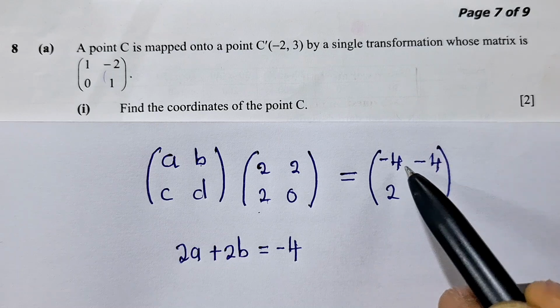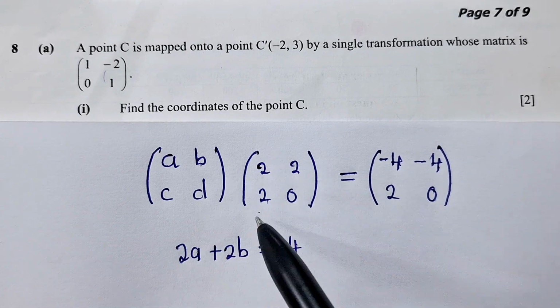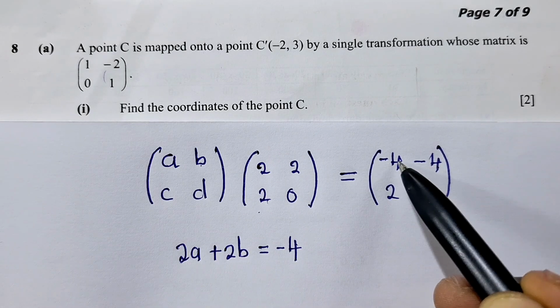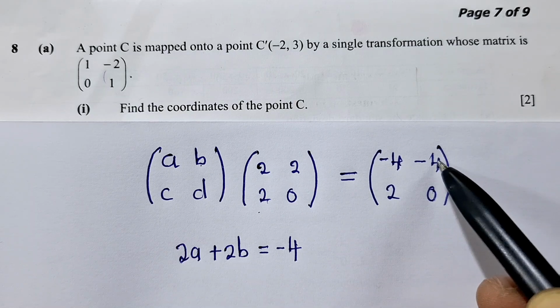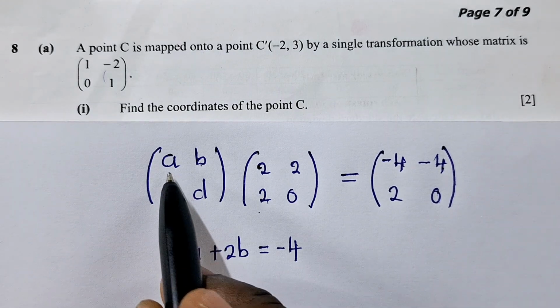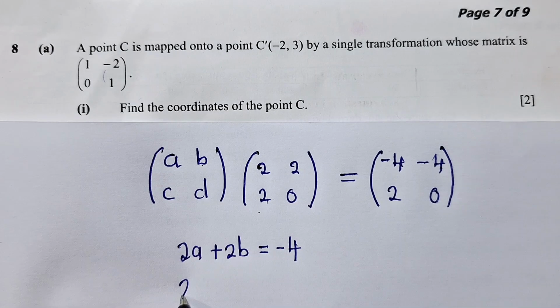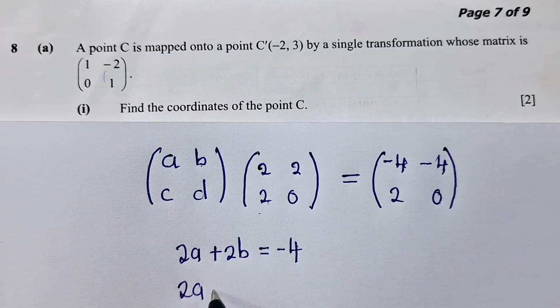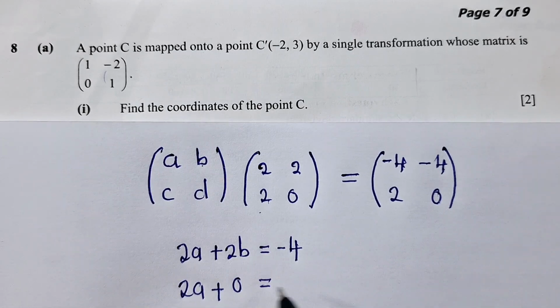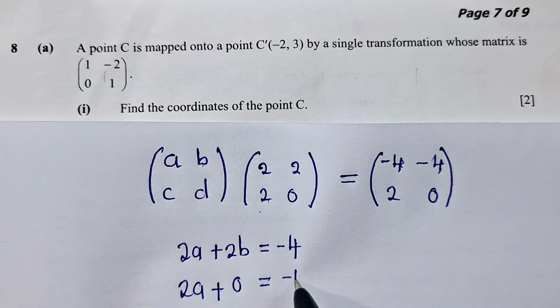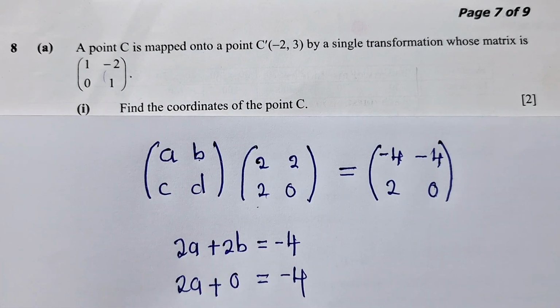So when picking here, you see this is the first column, meaning pick the first entry. For the second column, pick the second entry. So it will now be A times 2, that is a 2A, plus B times 0, it will be 0, is equal to the second entry, which is equal to -4.